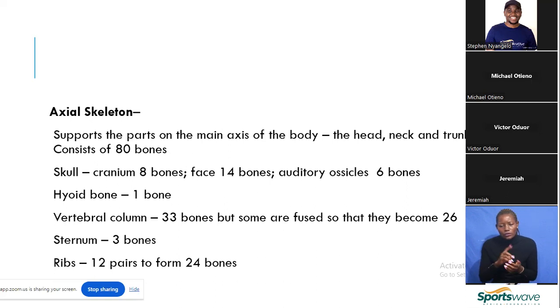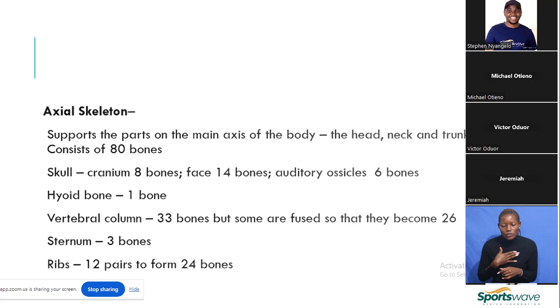So that specialized area, the vertebral column especially, allows that because there is protection of the spinal cord, but you need some degree of movement. So the axial skeleton contains the skull, and then the vertebral column, and then the chest cavity where you have the sternum and the ribs.